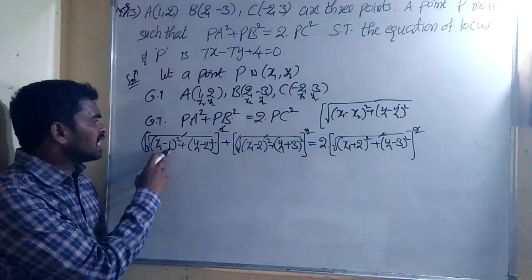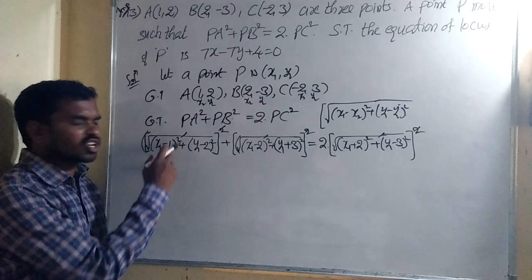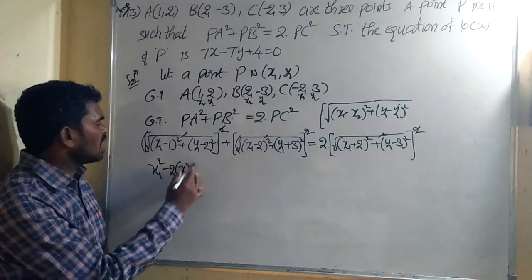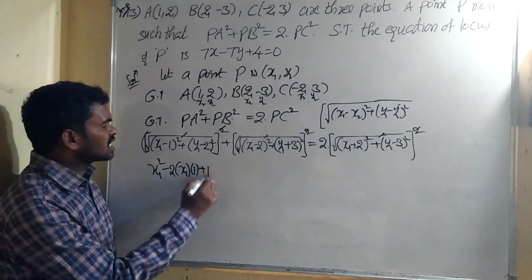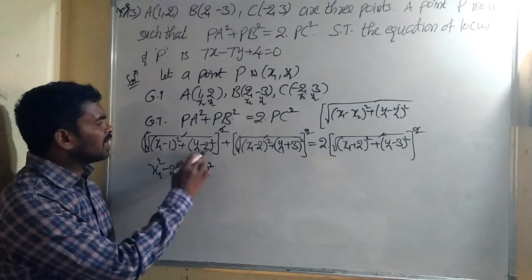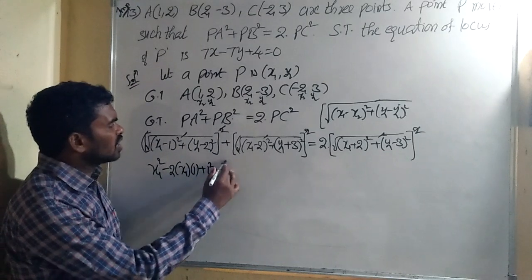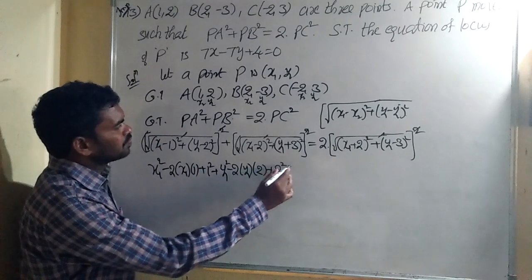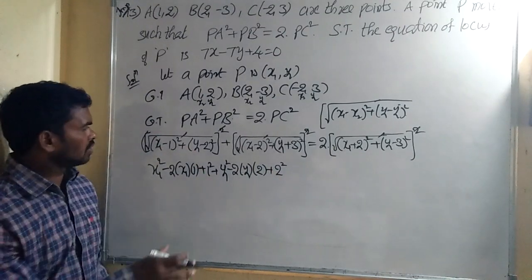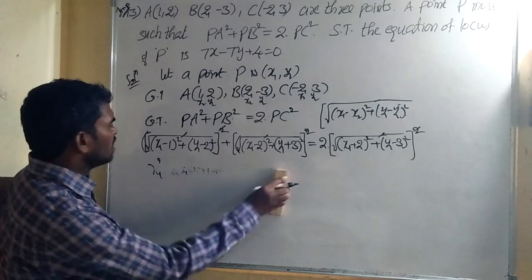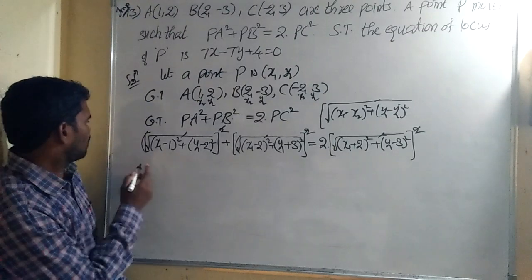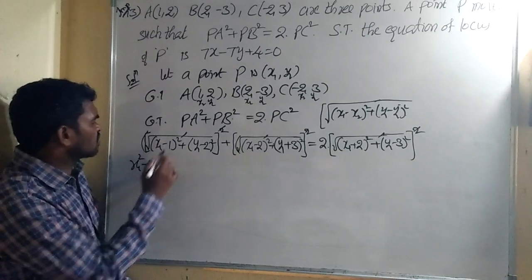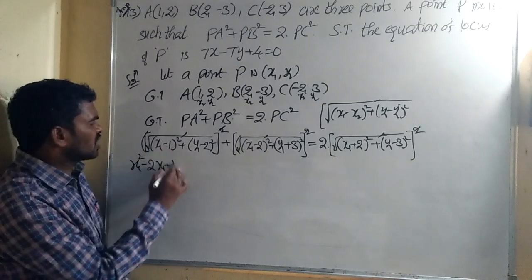This is the form of (a - b) whole square, so we can write a square minus 2ab plus b square. Here also (a - b) whole square, so a square minus 2ab plus b square. Okay, I'm writing from the left side. x1 square minus 2 into x1 into 1, that is 2x1, plus 1 square means 1.